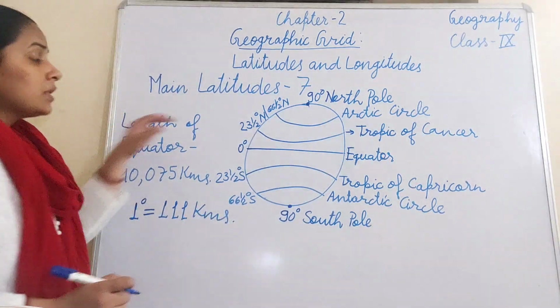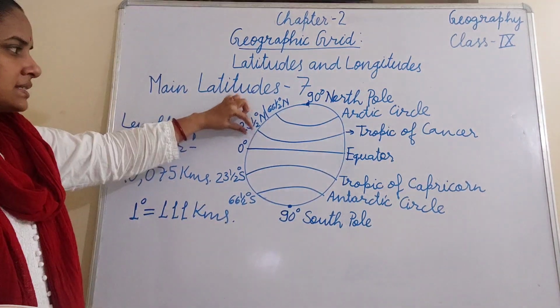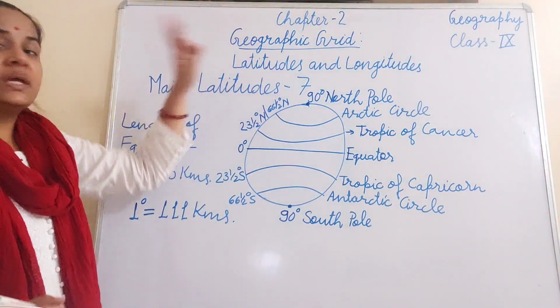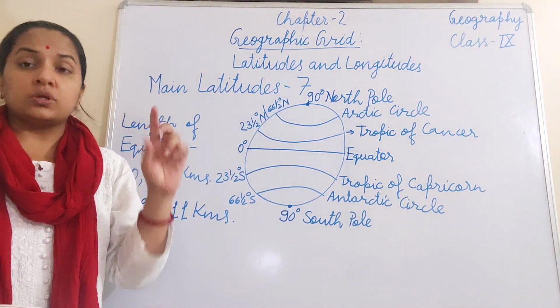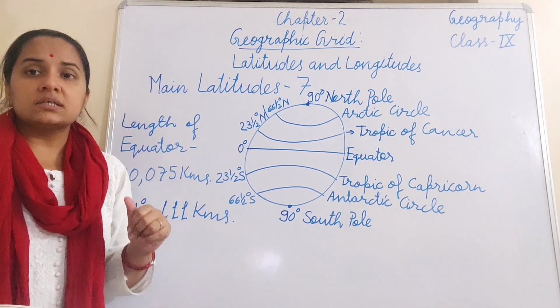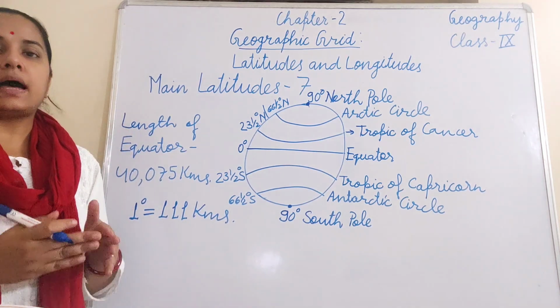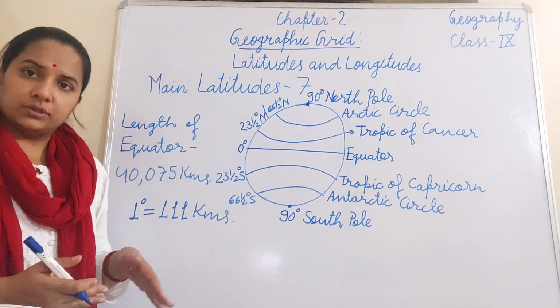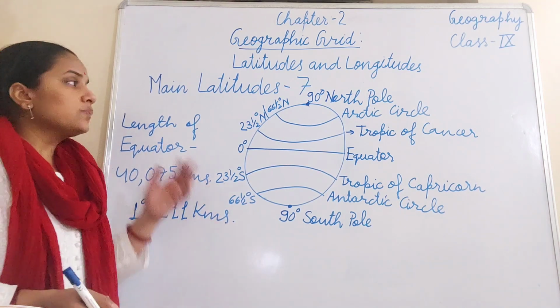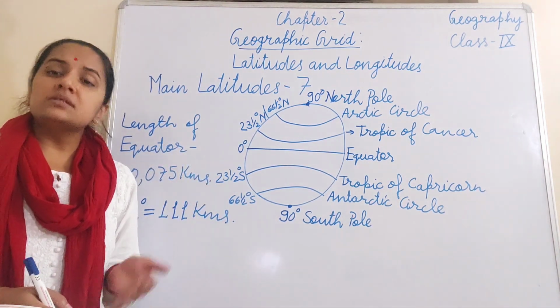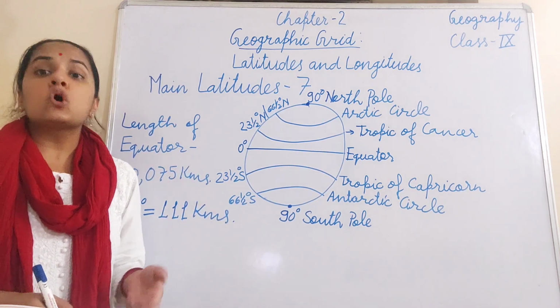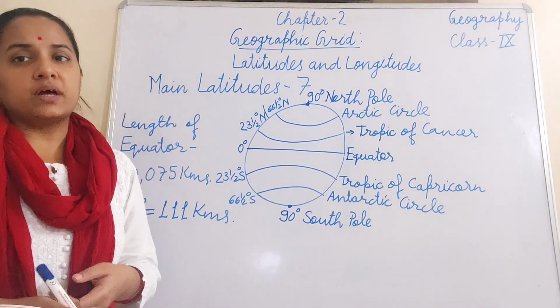That is, the 1 degree of angular distance between two lines of latitude is actually a distance of 111 kilometers. On the basis of this, we can calculate the distance between various points on the surface of the earth.